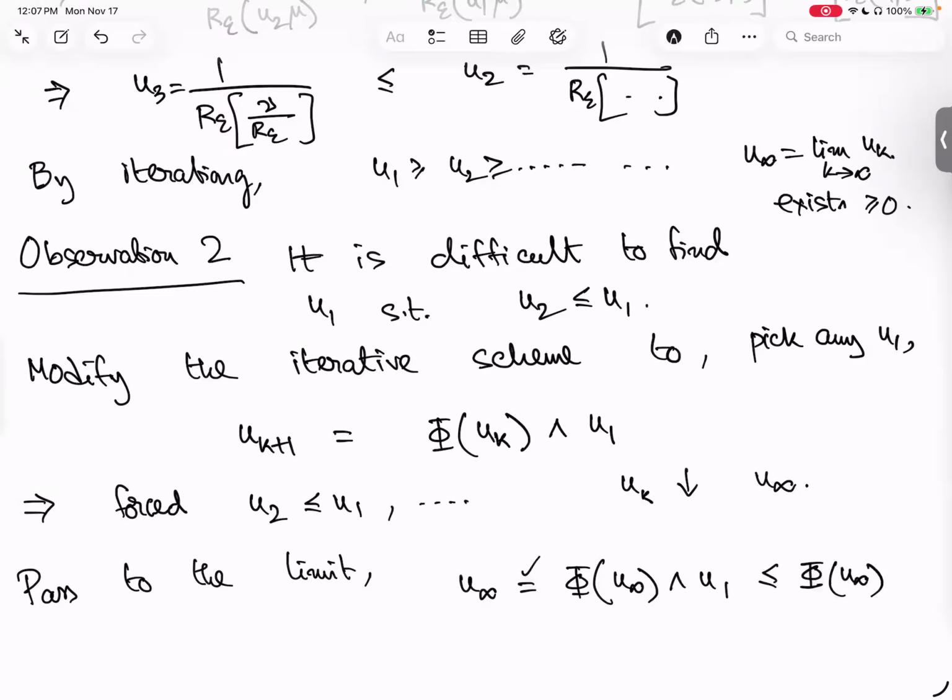So this is what I get from the fixed point equation. I take the limit, I must get this. The fact that this is less than or equal to this is obvious because this is the minimum of two functions. This is, of course, smaller than phi of u1.